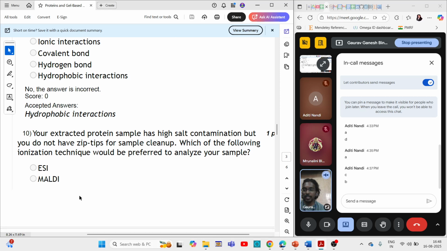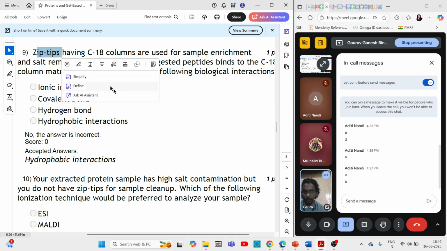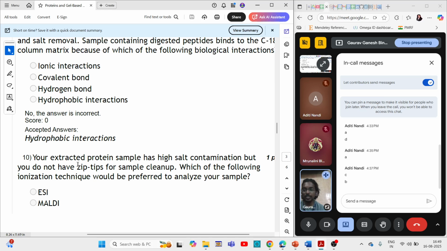So your extracted protein sample has high salt contamination. It says that high salt contamination is present, but you do not have ZipTips for sample cleanup. ZipTips are generally used for cleanup; you are removing salt and enriching your samples. That's what a ZipTip is used for. But now the question says you do not have ZipTips for sample cleanup. So which ionization technique will you use?